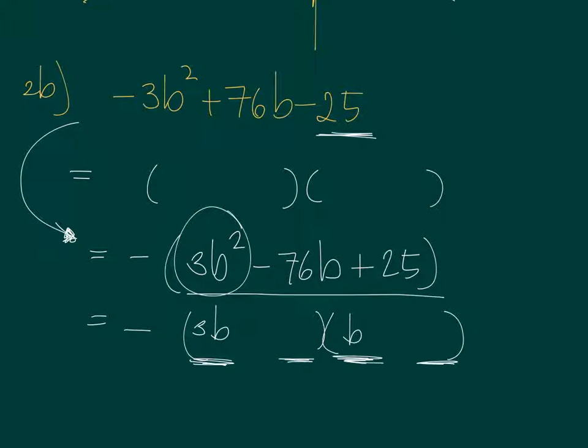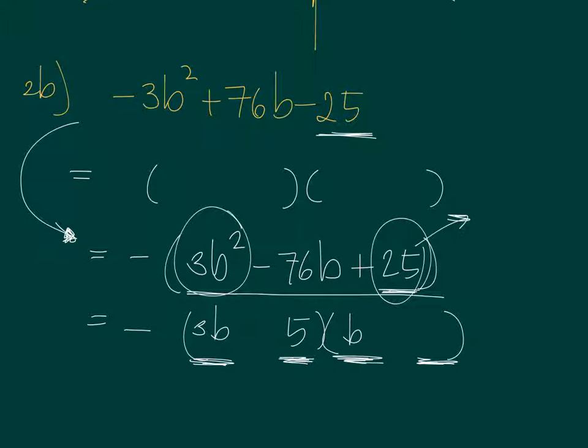After working on the 3b squared, we look for the last terms of the binomials, and those numbers will come from the factors of 25, or the numbers that when you multiply them will give you 25. So what we can do here is pick a combination of numbers.